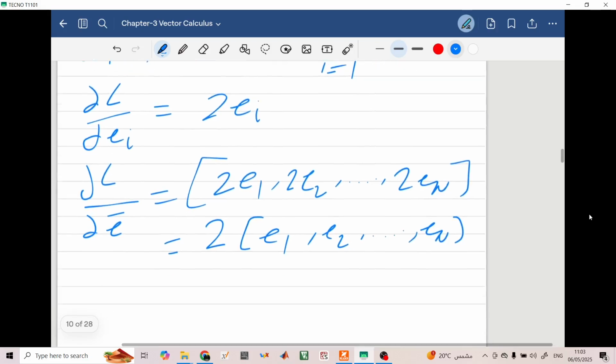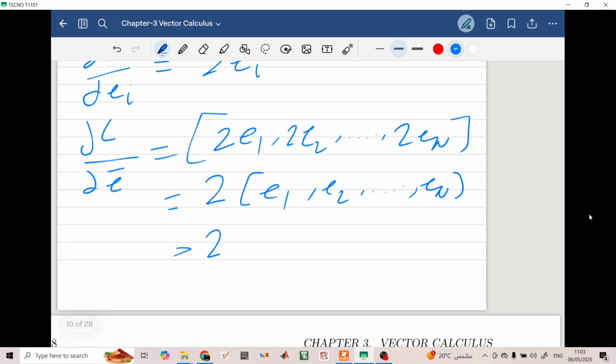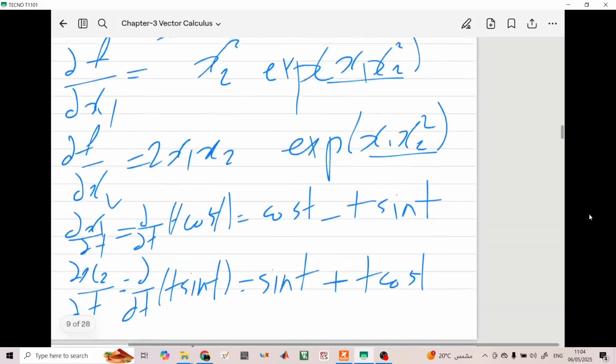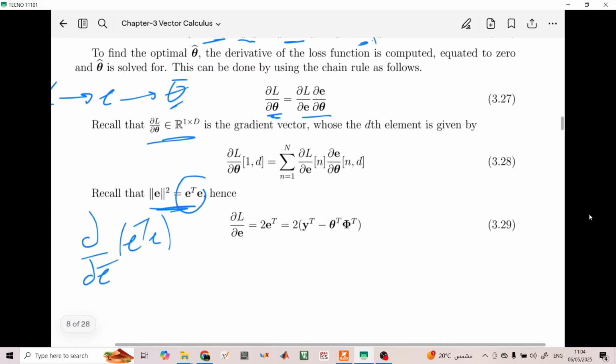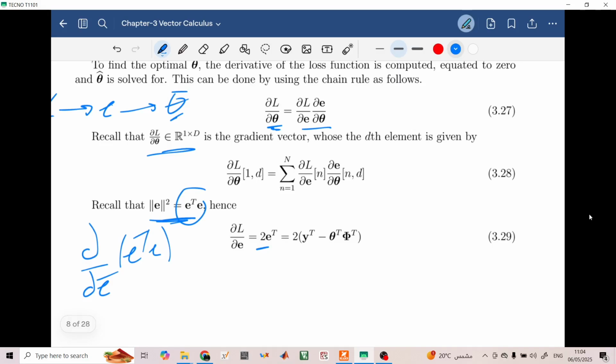This is nothing but the transpose of the vector e, because the vector e is a column vector, right? Okay, so returning back here, this is how we get this.